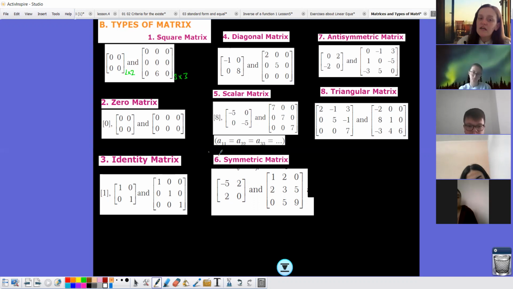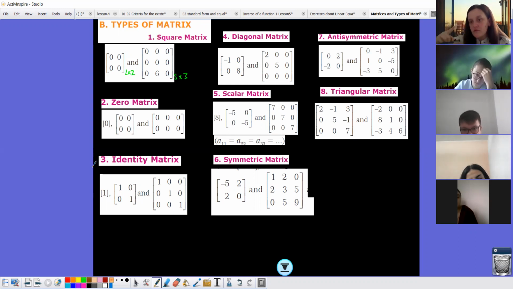Identity matrix. Look here. It is like a square matrix, but the entries, as you can see, go in this way: all of them on the diagonal are 1 and the others are 0. Always it will be like this.